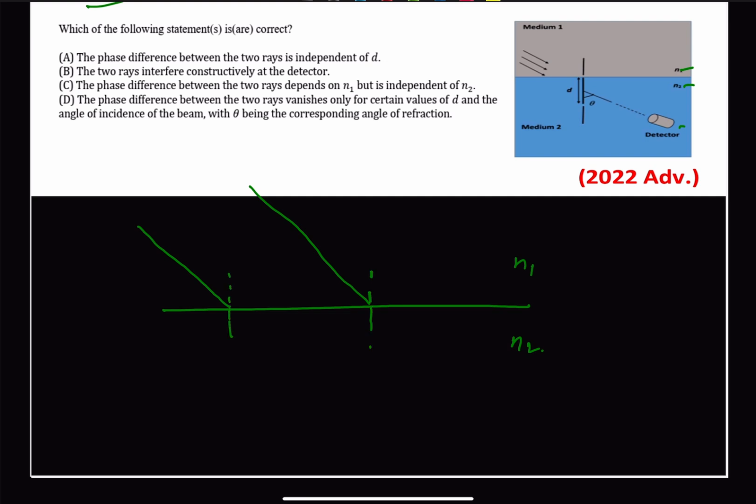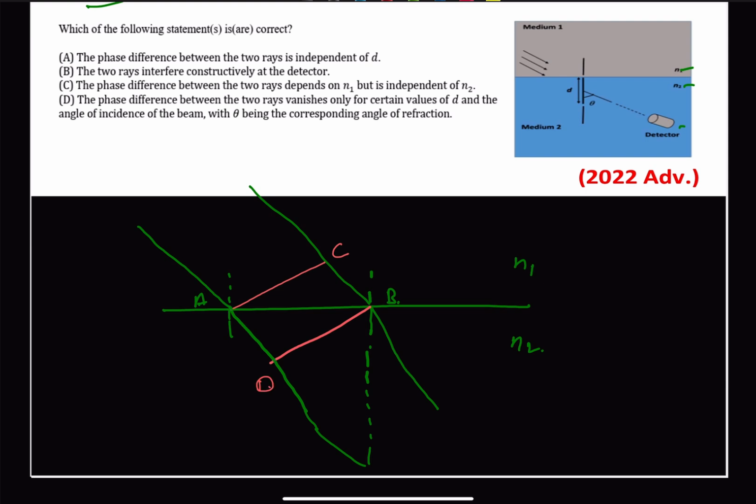We have this as A, let us put this as our B, and this ray is going to bend in this way as well as this one. Let us draw perpendiculars from A. Let us call this A, this is C, and the perpendicular from B to here, let us call this D.